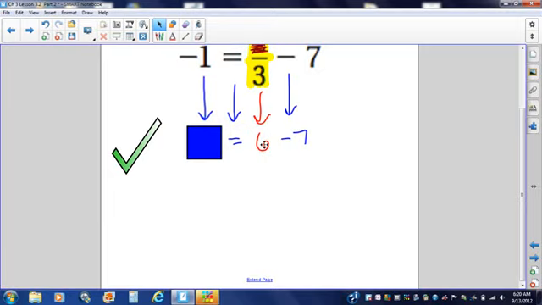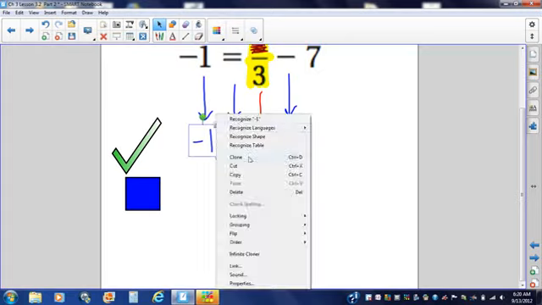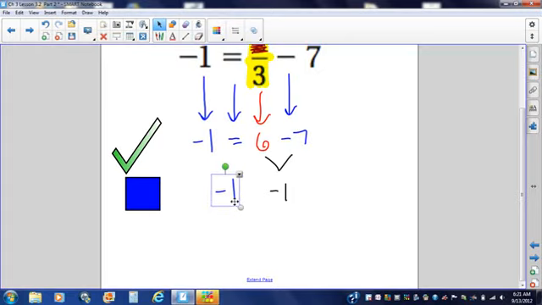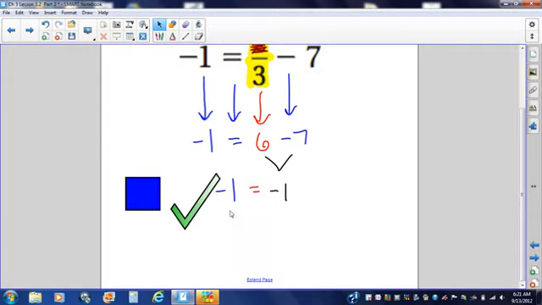Well, 6 minus 6 gives me 0. So 6 minus 7 has to give me negative 1. What was my answer? My answer was negative 1. So, since these are the same, my equation does work.